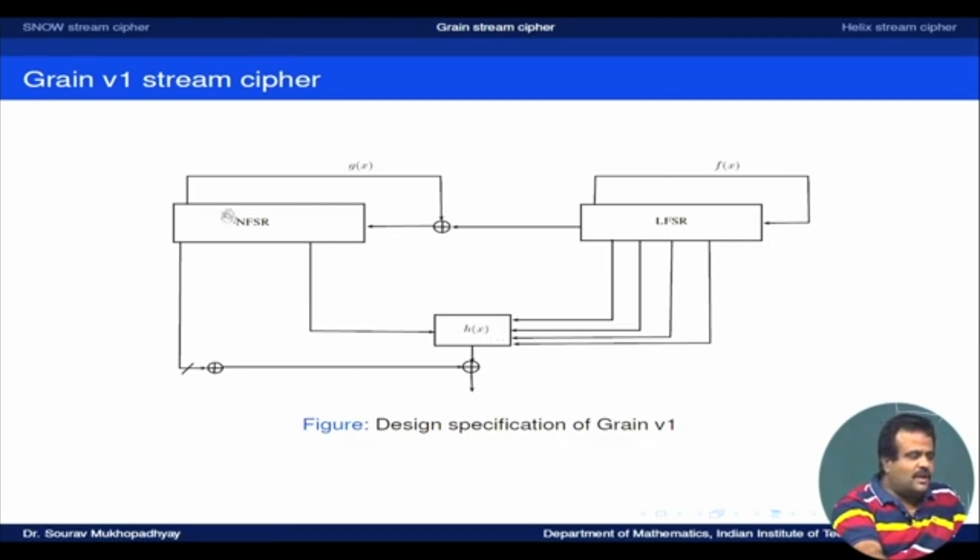In the output we XOR this with a bit from the NLFSR, and that is the key stream. So this is the general structure of the Grain stream cipher.